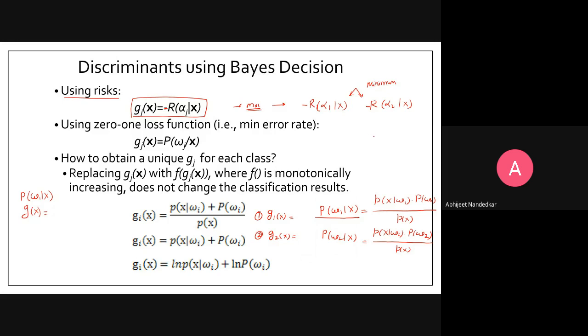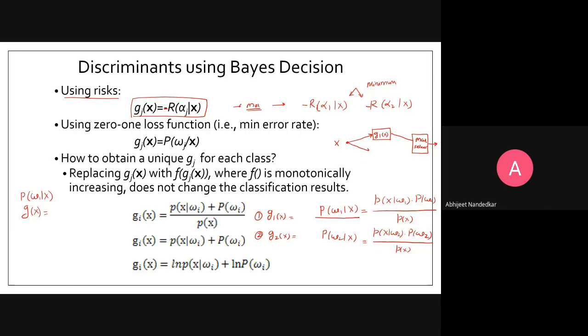Okay, I can draw a diagram here. This is my input x. This is going to a function g1(x), and then it is going to a max selector, which produces some output.